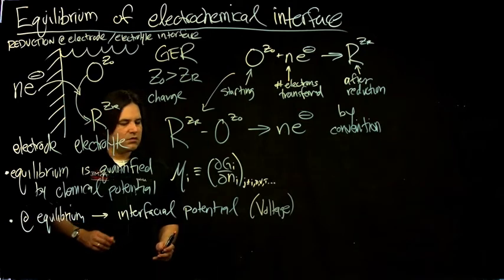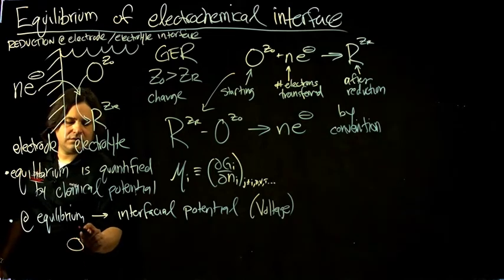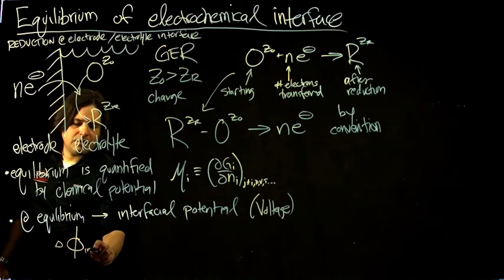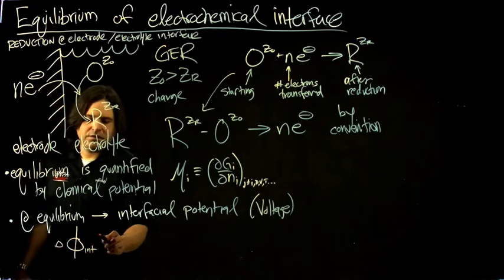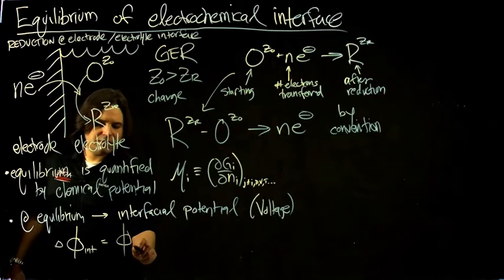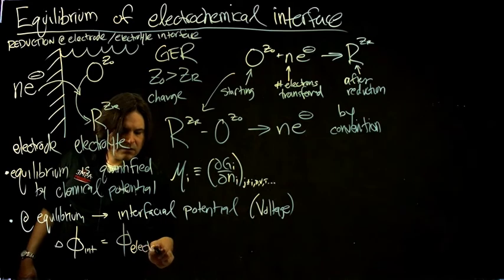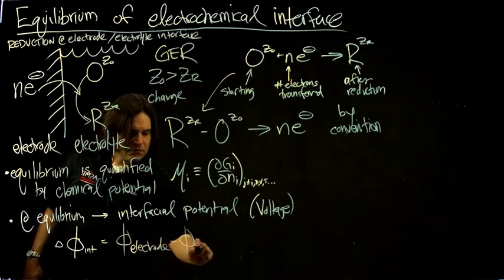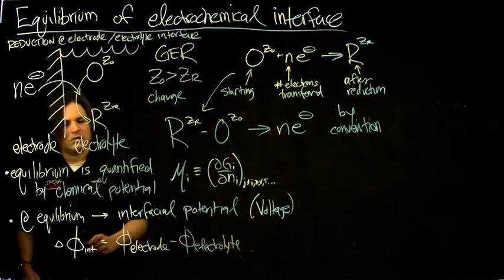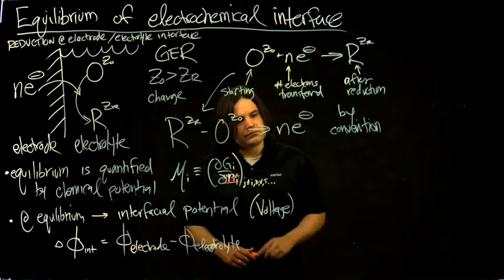Okay, so let's call this delta interface equals the potential. We're talking about this here, there's an electrode and there's an electrolyte. Phi, that's the potential here in volts.